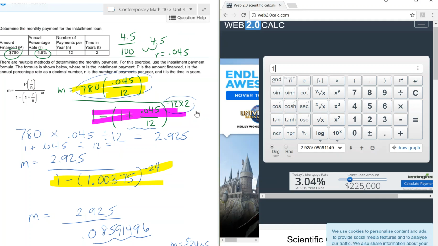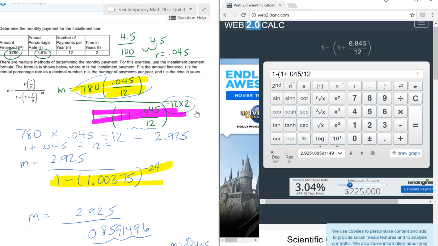1 minus, open parentheses, 1 plus 0.045 divided by 12. Close the parentheses so it looks exactly like I see down there. So that's really helpful with this calculator. Now you want to raise this to a power. Okay, so here's where you have to be careful.